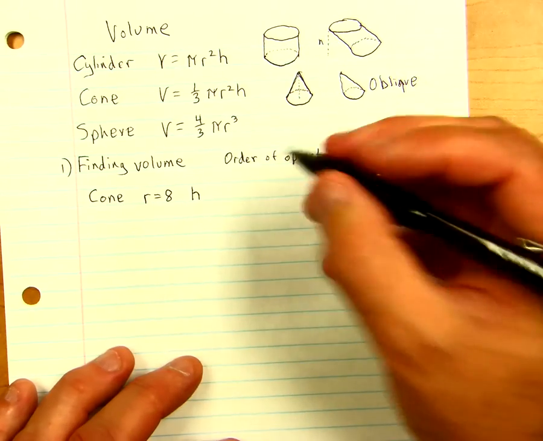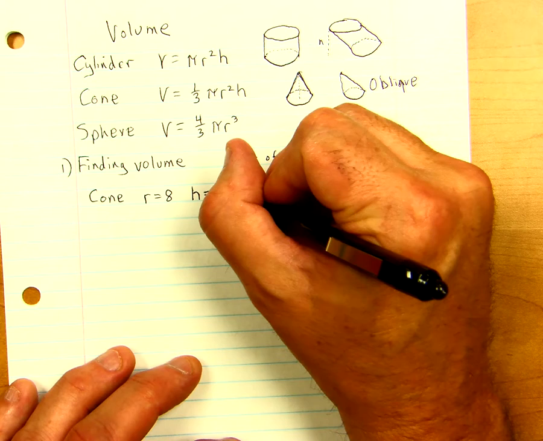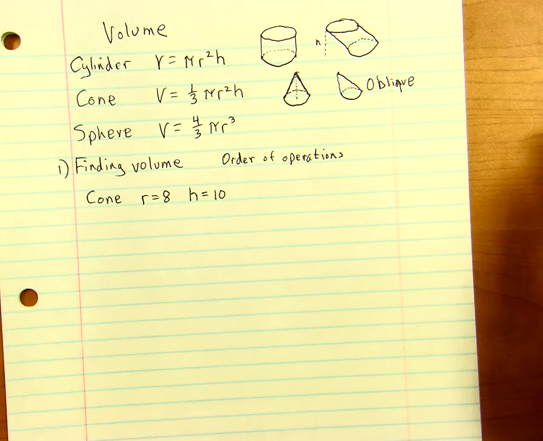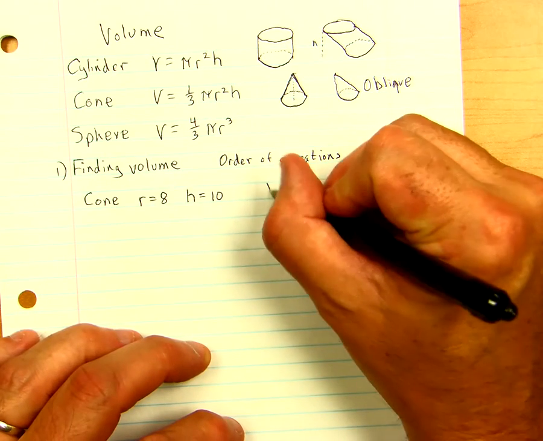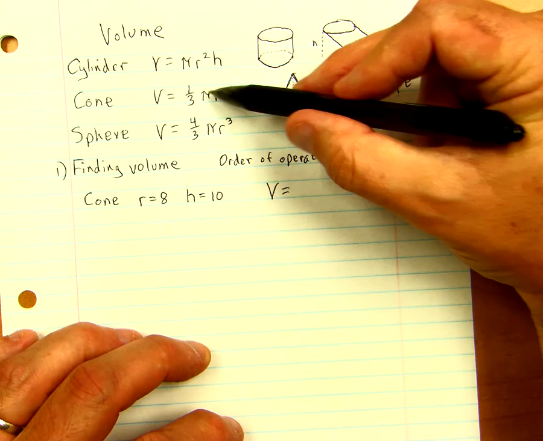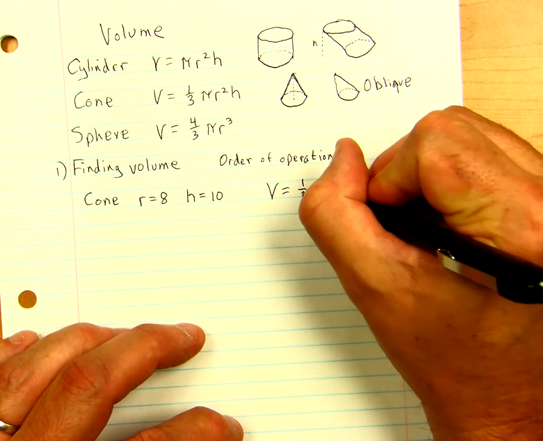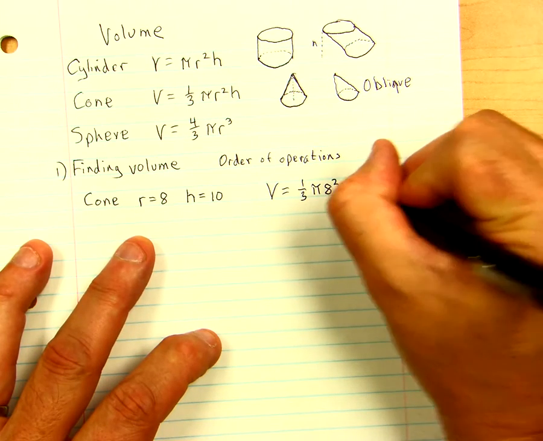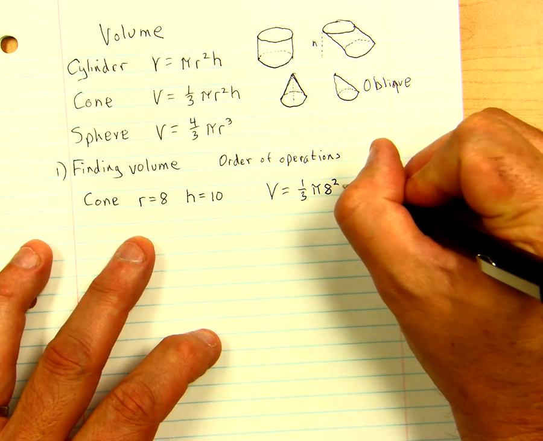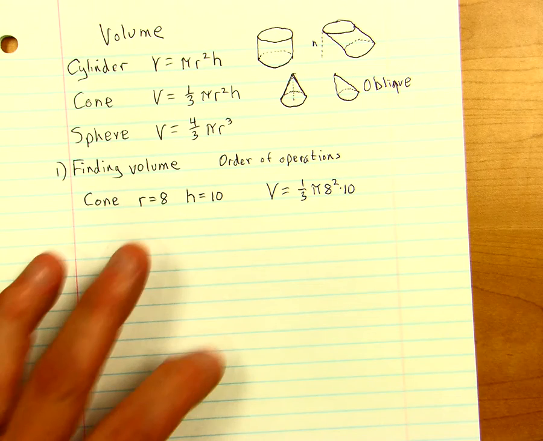So anyway, back to the cone. The radius is 8 and the height is, I don't know, let's go with 10. So all you do is put the numbers in and do the math. So cone is 1/3 pi r squared h. So I put 1/3 pi, r is 8 squared times h, which is 10.